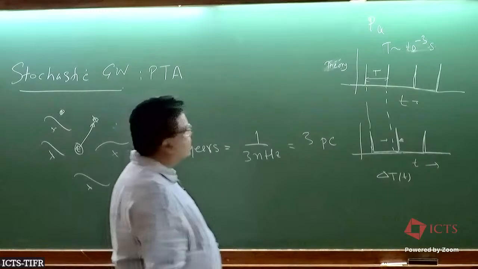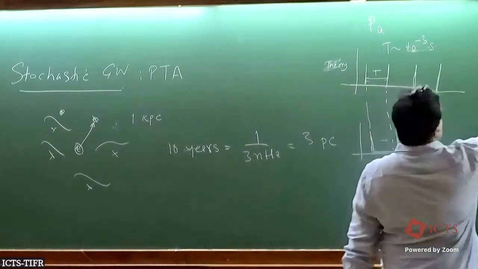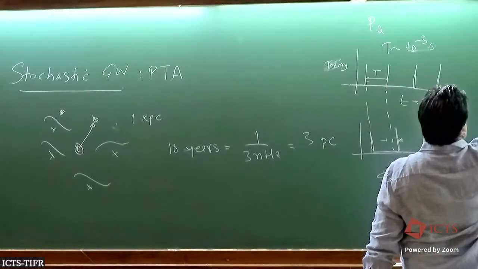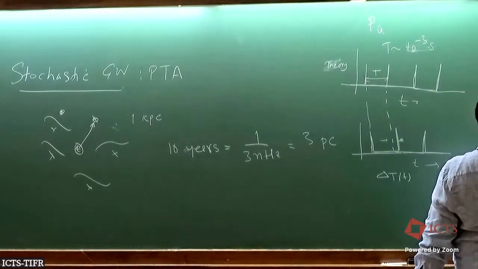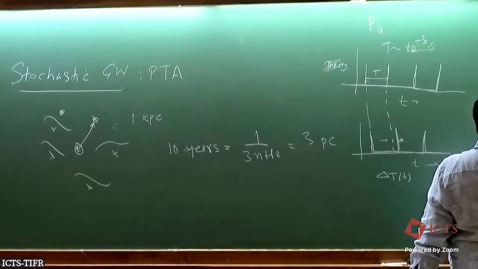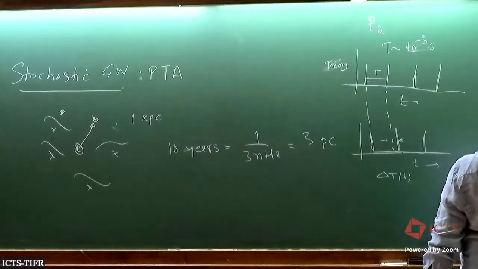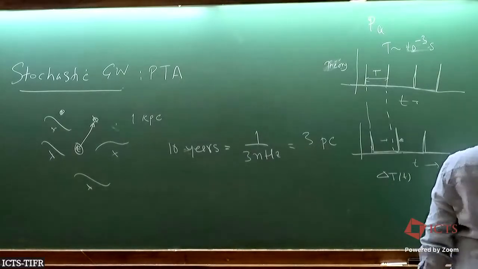For each pulsar, you define this quantity Za, which is delta t divided by Ta, and this is a function of time.